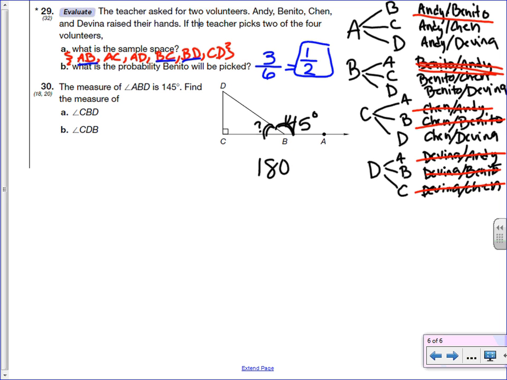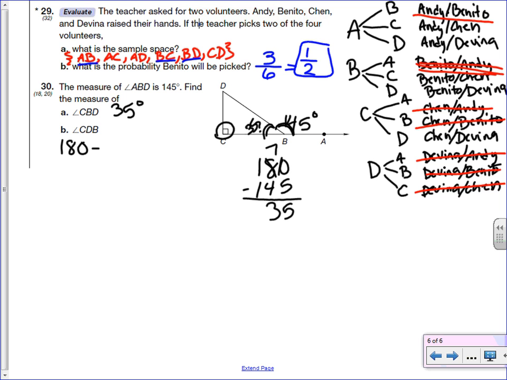So if we take 180 minus ABD's size, which is 145, that leaves 35 degrees for angle CBD. And if this is 35 in here, then the triangle has 180 degrees total.